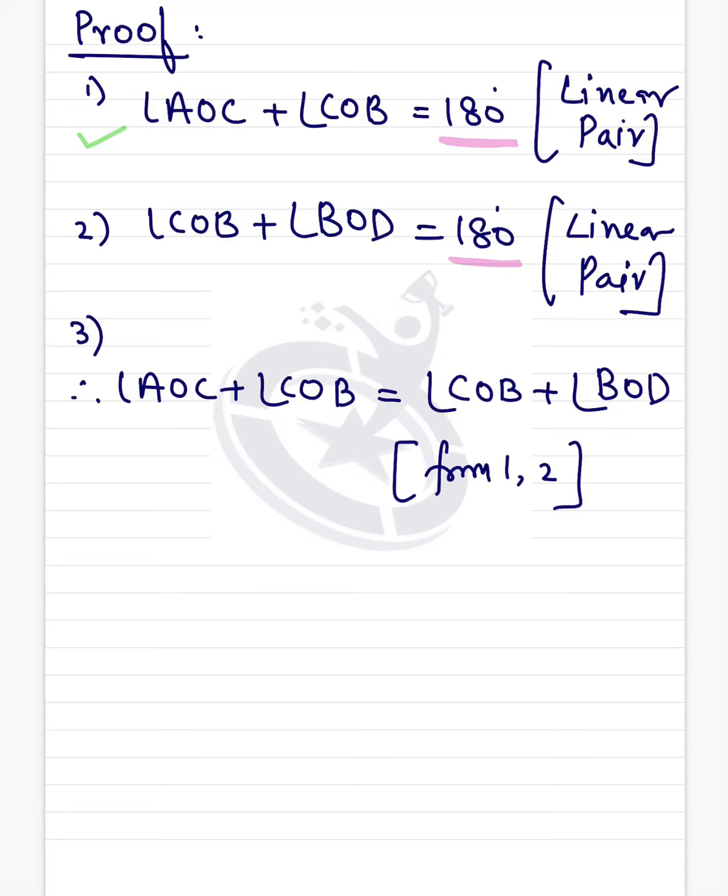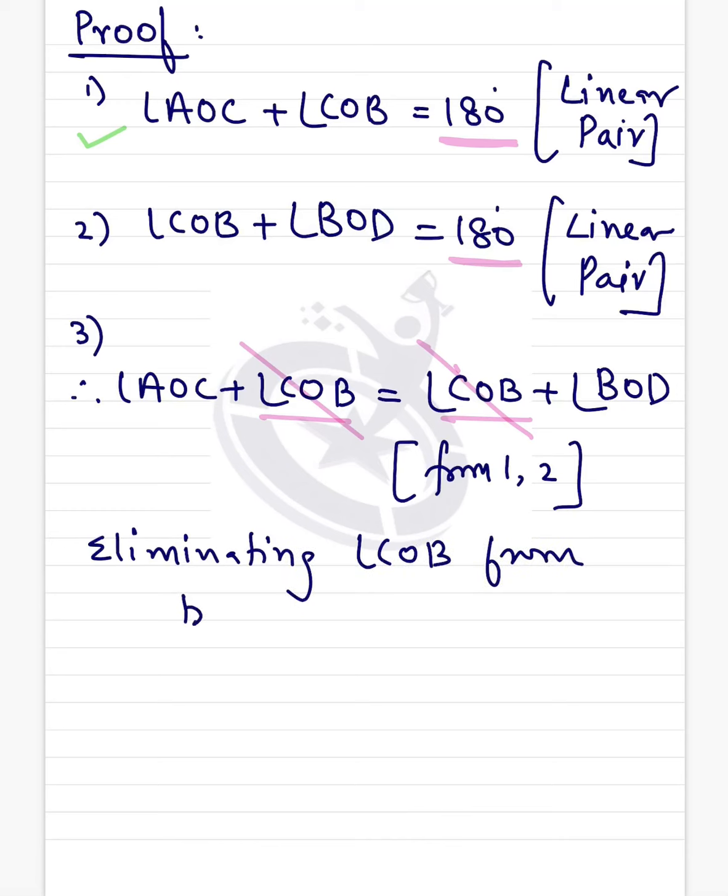So you can cancel or eliminate that COB. COB minus COB becomes 0. You can write cancelled, or you can write eliminating angle COB from both the sides. Eliminate means we removed it, we cancelled it.